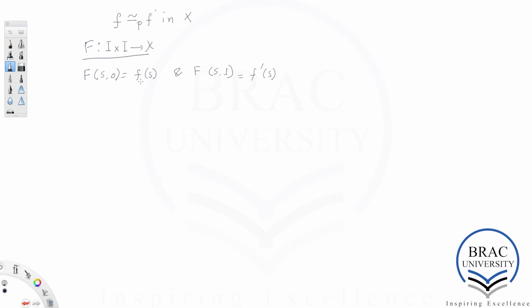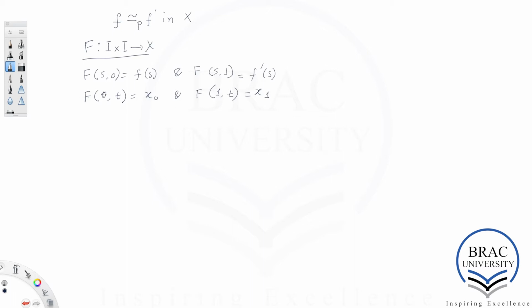F and f prime are homotopic. Now the fixed points, the initial and the final points. The initial point is F of 0 comma t equal to x0 for all t, and the final point is F of 1 comma t, which is x1. So for both f and f prime, the initial point is x0 and the final point is x1.